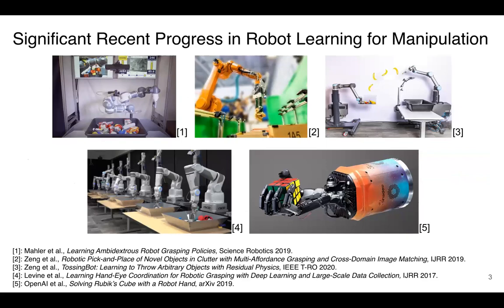So there has been a significant amount of recent progress in robot learning for manipulation with applications like bin picking, tossing, and reorienting a cube. While these results have been very impressive, what's key here is that there's learning involved, so that given some training data, the robot is able to learn something and then hopefully it will generalize to new objects.